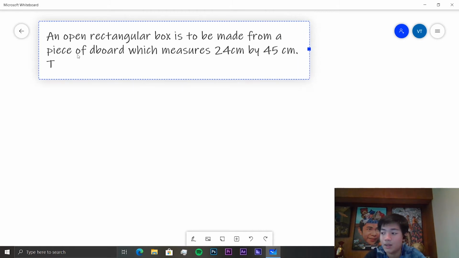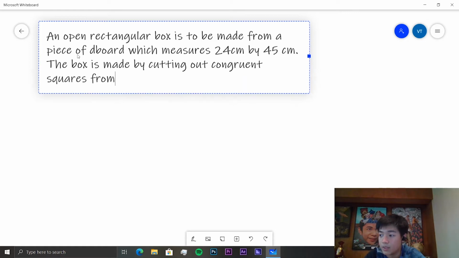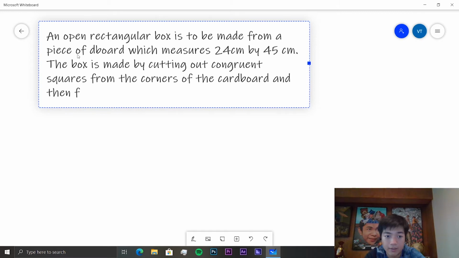The box is made by cutting out congruent squares from the corners of the cardboard and then folding up the sides of the remaining cardboard.